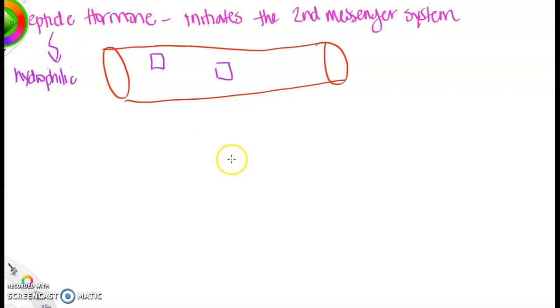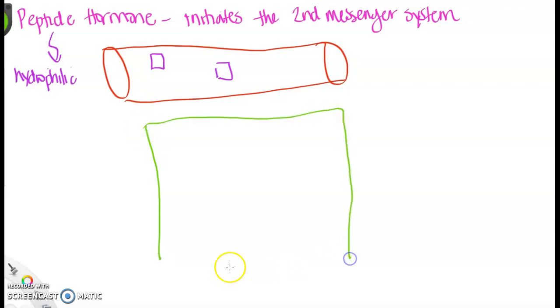So when they get to their target cell, since they're not hydrophobic, they're not steroid hormones, they can't go into the cell. They can't get through the cell membrane. So there has to be, or there is, a receptor on the cell membrane.